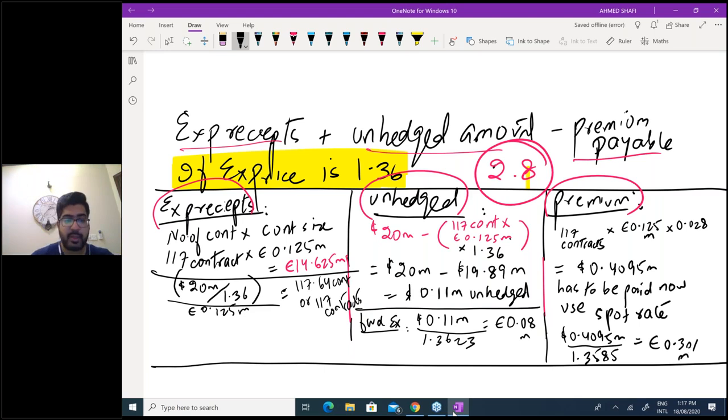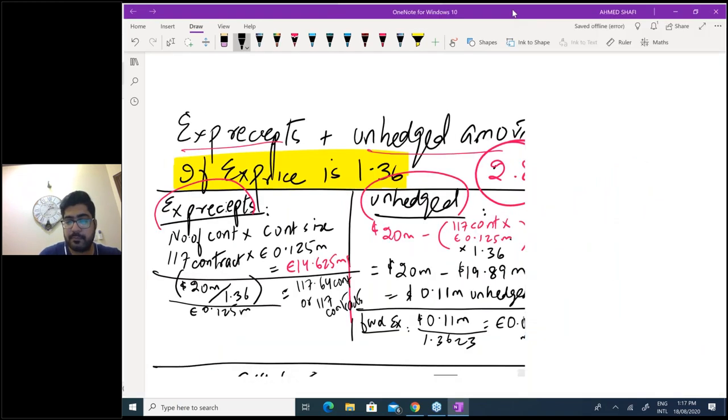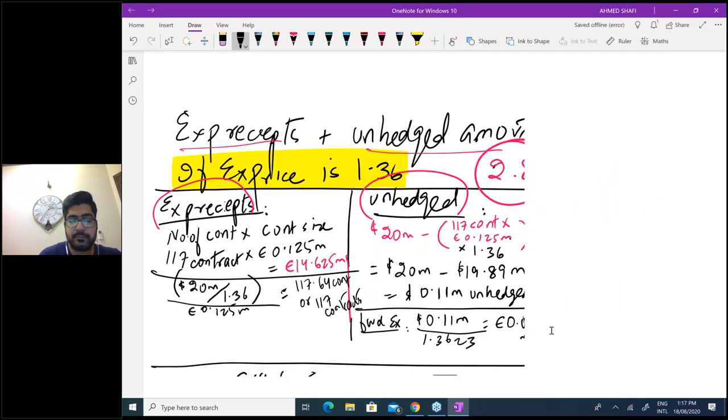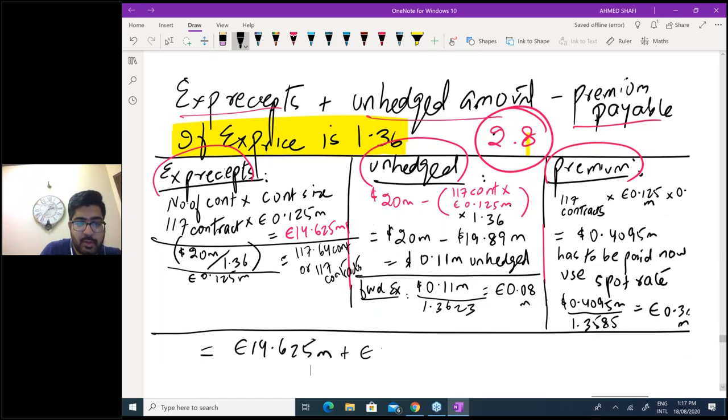0.301 million. Okay, so the final answer is expected receipts 14.625 million euros plus unhedged 0.08 million minus premium 0.301 million.